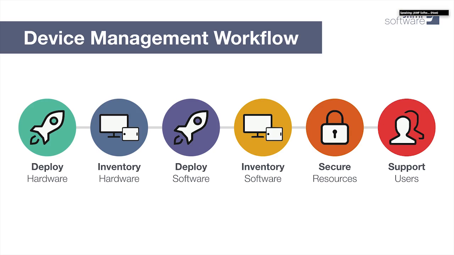Since a lot of software titles are paid and are really assets to your organization, it makes sense to keep track of them just like you would keep track of hardware. Next, you need to secure your resources by thinking about what security settings you need to apply to these devices. And finally, supporting your users, whether that's through IT tickets or through remote control.